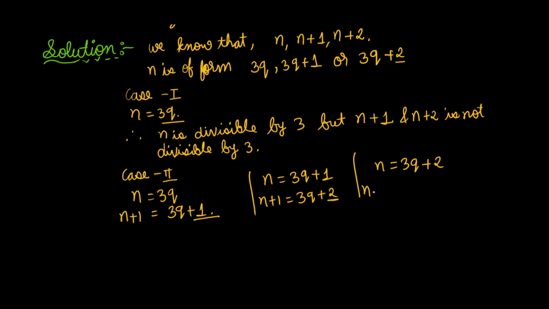So again we will add 1 to both sides: 3q plus 3. Here 3 will be common, so 3 times q plus 1. So it is not leaving any remainder.